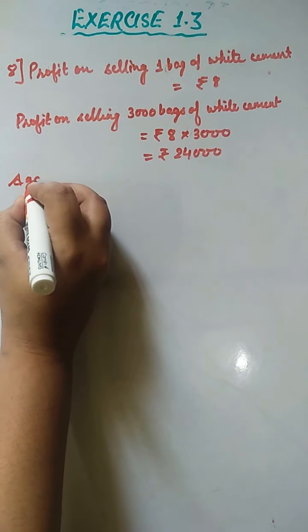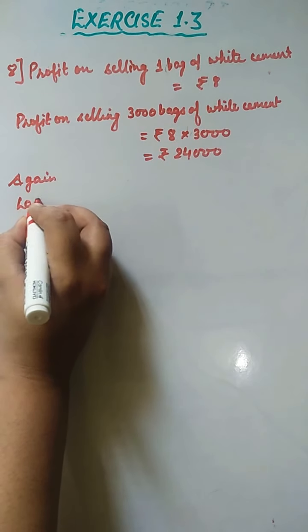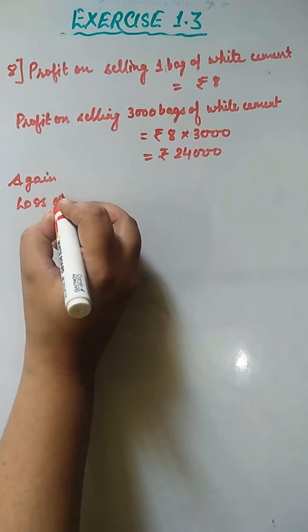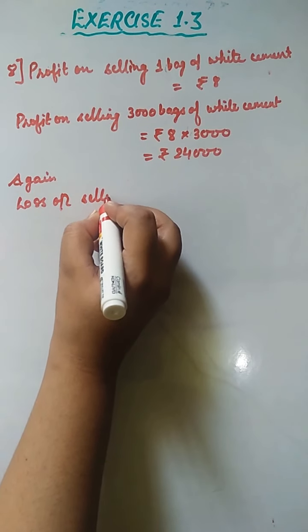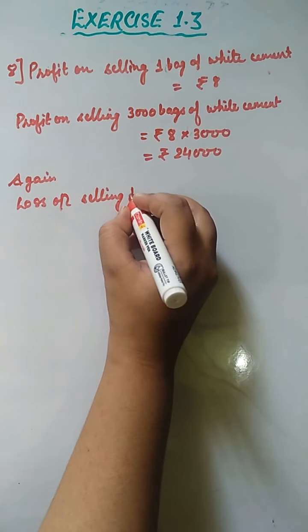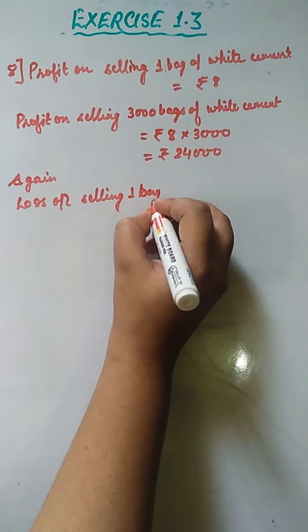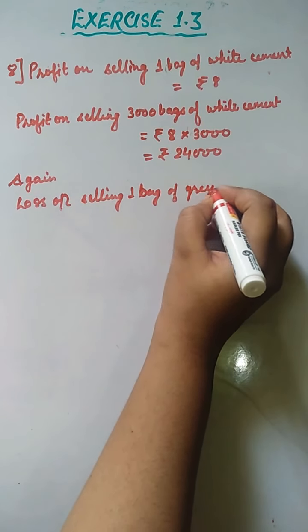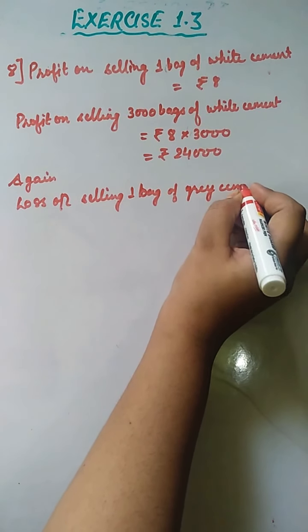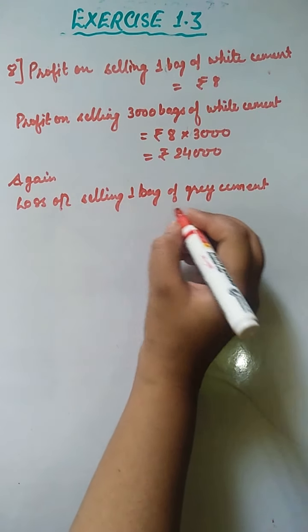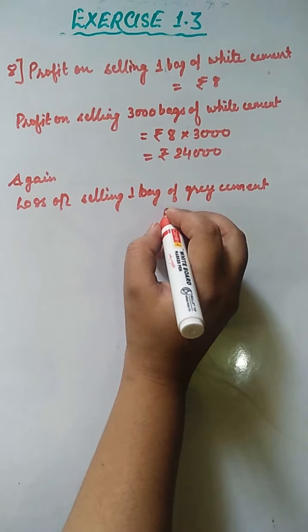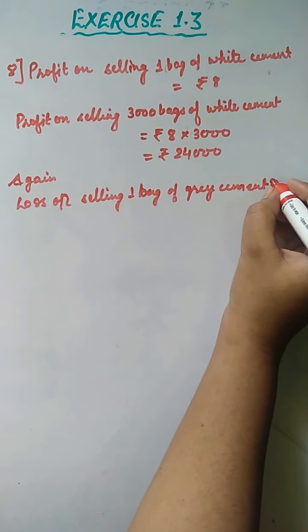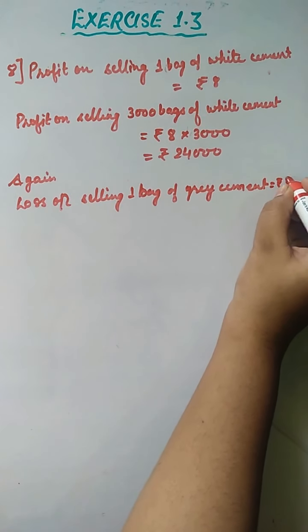Again, loss is given. So loss on selling one bag of grey cement, it is given how much? Rupees 5.